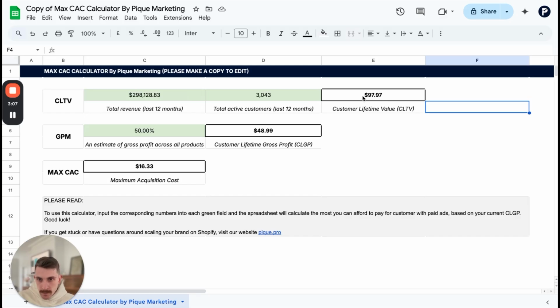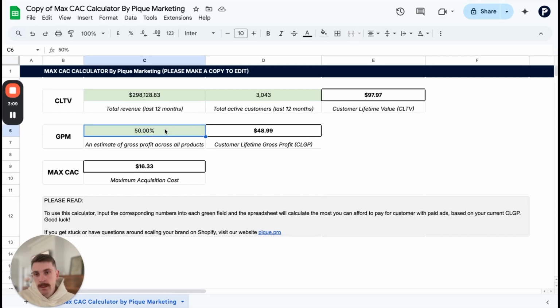So then from here, if you don't know what your gross profit margin is or your cost of goods sold, then I would like you to make an educated guess. Generally, most brands are working to a 50% gross profit margin. So if you don't know, you can calculate this by looking at how much you're selling things for, or your average order value, and then how much it's costing to fulfill that.